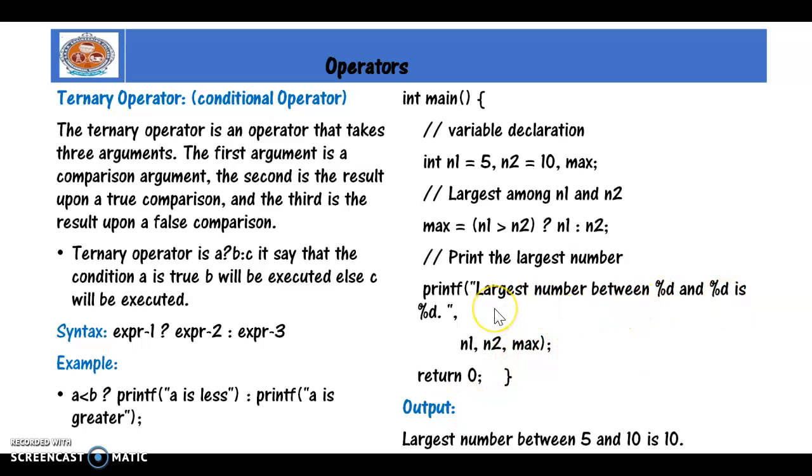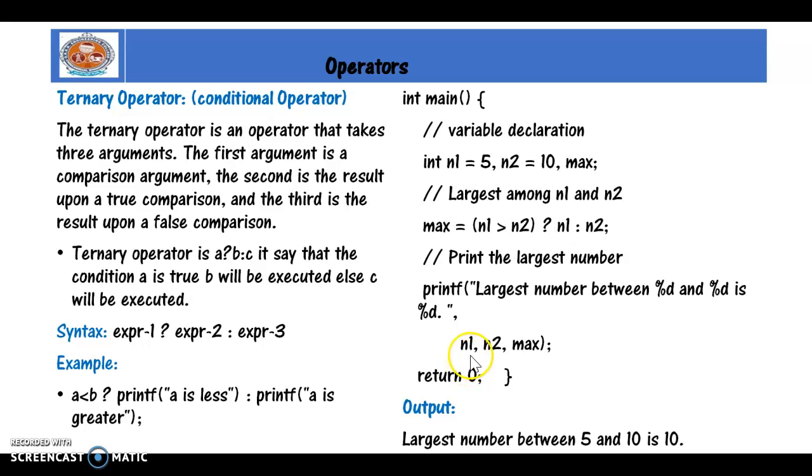As I have said, we use format specifiers in the printf statement, right? printf with double quotes will print as it is, but whenever you define a format specifier, it will get replaced by the values of the variables you provide. See, after closing the double quotes, again I have separated with the comma operator.